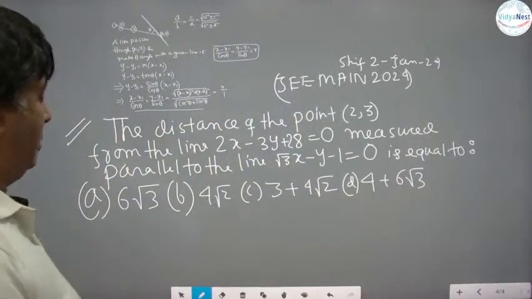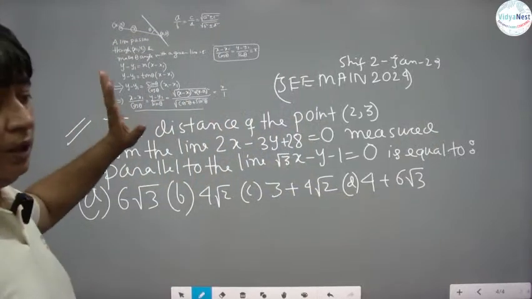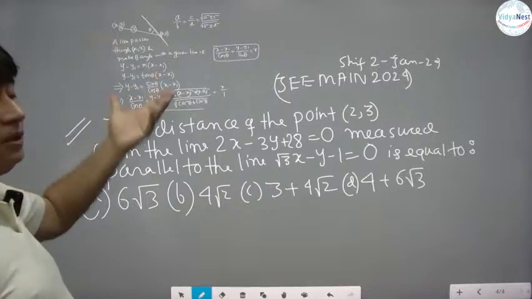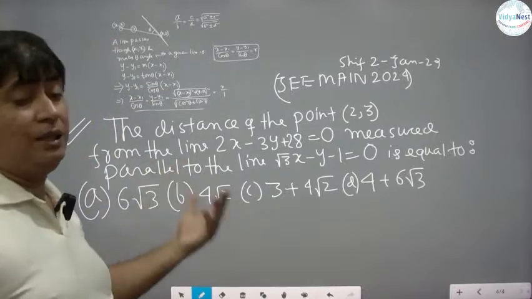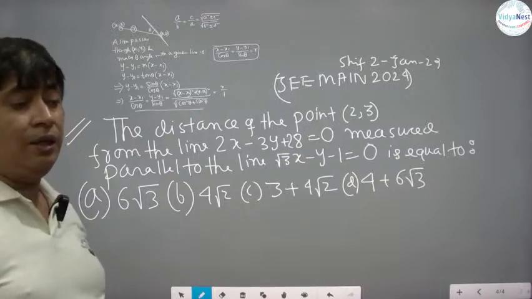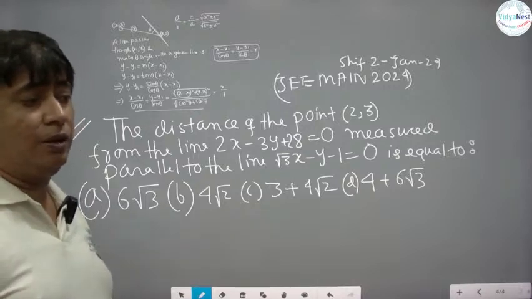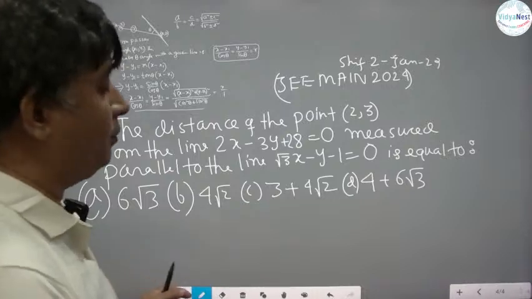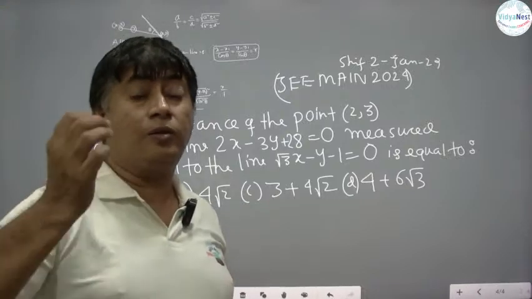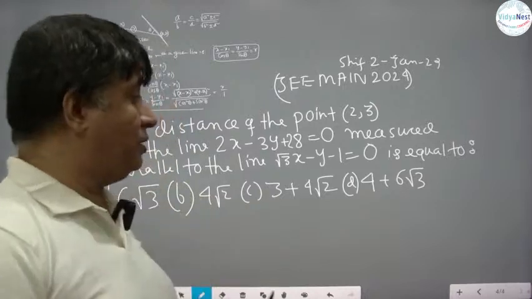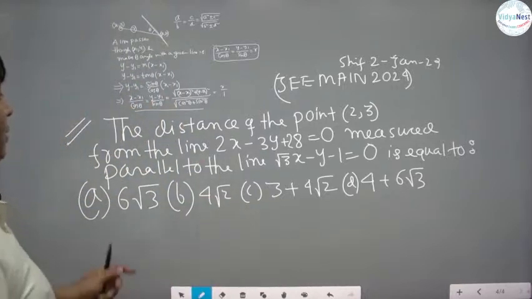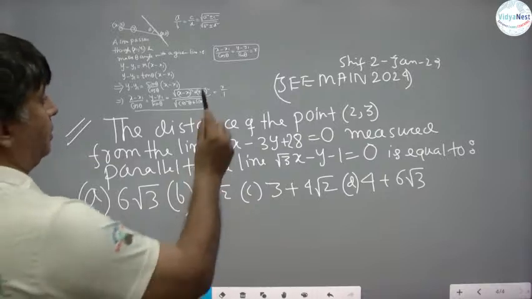So you observe that a sum on a basic formula came in JEE Main. So JEE Main, even Advanced, is not out of our reach if we get a good grip on the particular subject which we are doing.